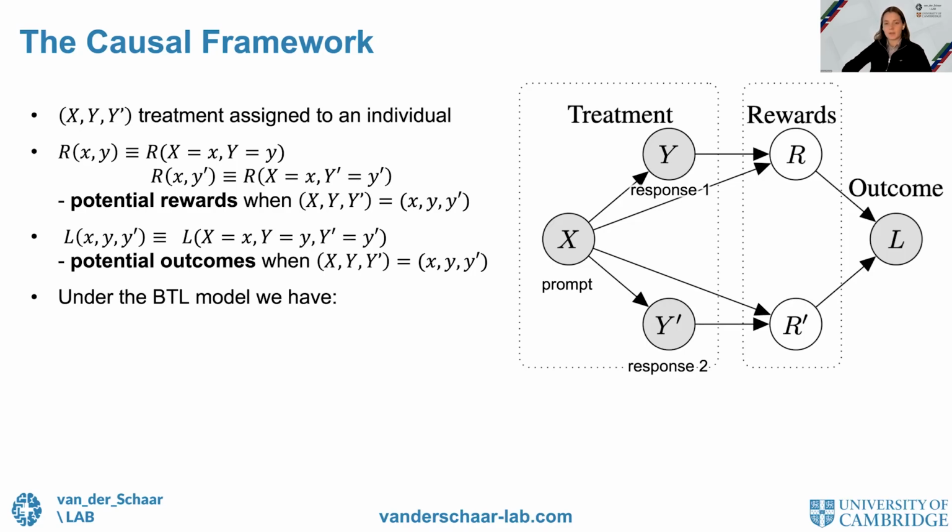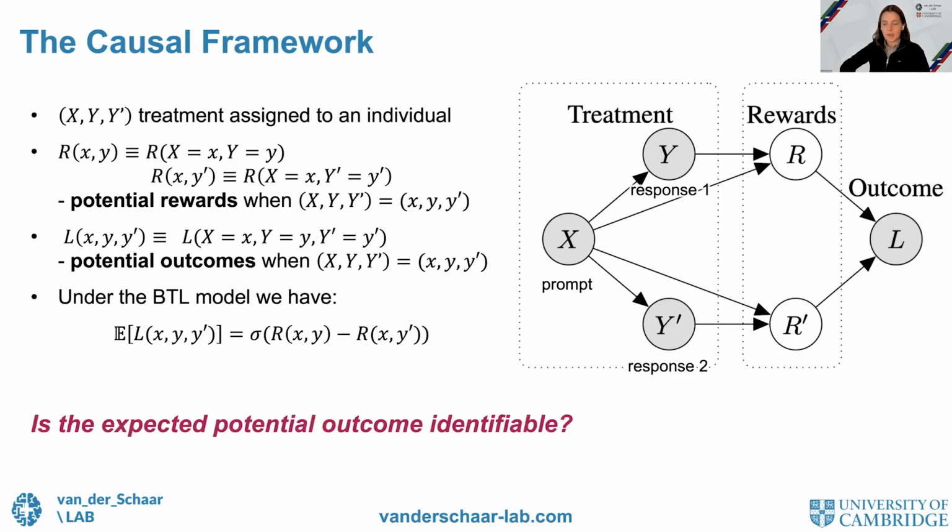And so if we use the standard BTL model, which is the most common one for modeling binary preferences in practice, to describe the relationship between the rewards and the observed labels, then the expected potential outcome will be directly determined by the difference in the potential rewards of the two candidate responses. And in this causal framing, a key question then becomes whether the expected potential outcome is identifiable.